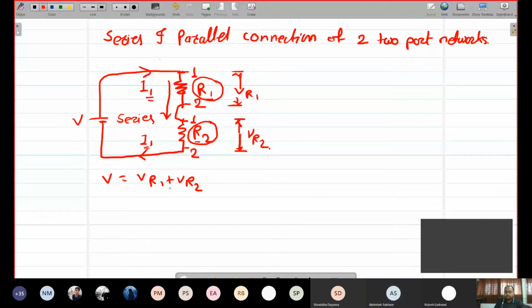So what is the R equivalent of the series combination? Addition, R1 plus R2. Very good. So R1 plus R2 is the R equivalent.